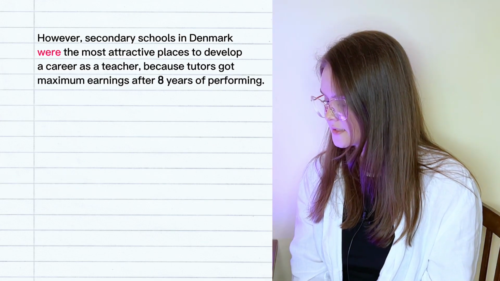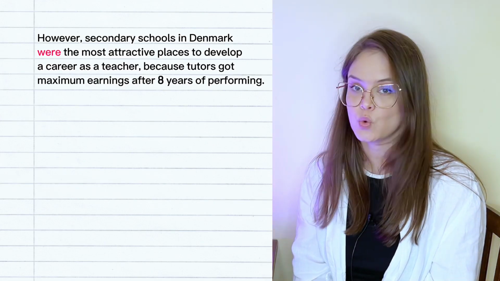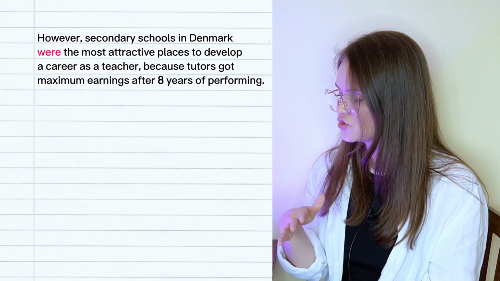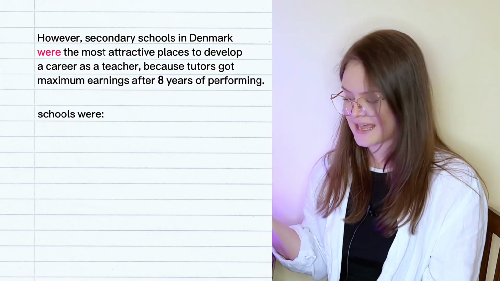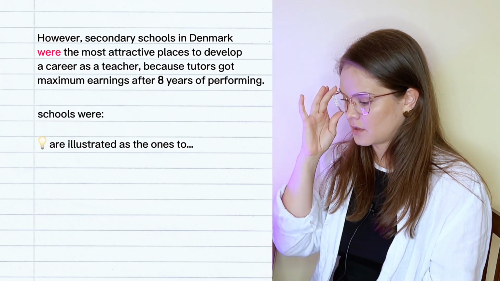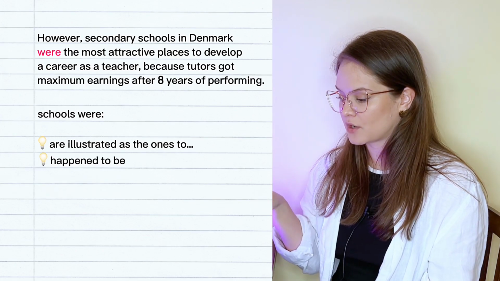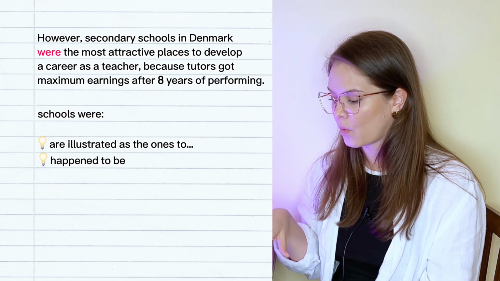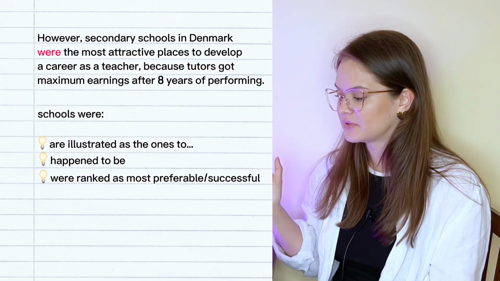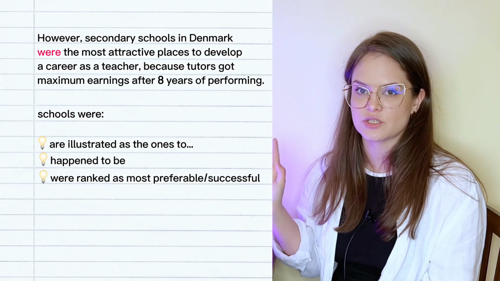So we can substitute the verb to be, like Denmark schools were, we can say secondary schools were illustrated as, or are illustrated as, or secondary schools in Denmark happened to be or were ranked as the most preferable, successful places to develop a career as a teacher, blah, blah, blah.